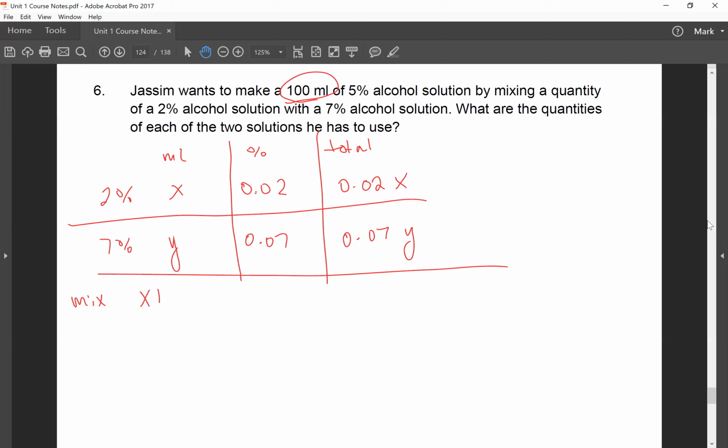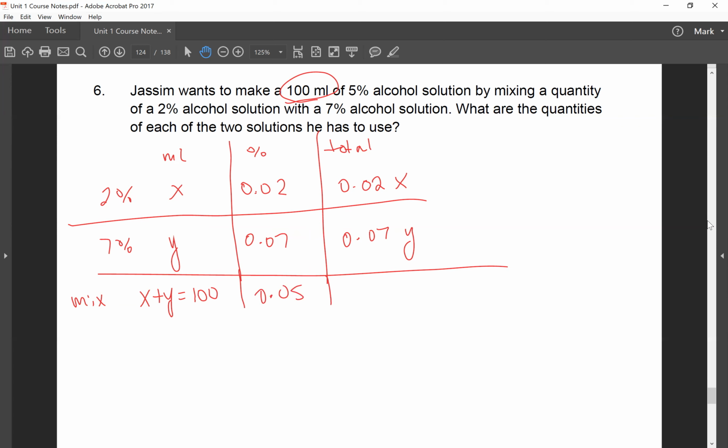So the mixture is X plus Y equals 100. That's my main formula going forward. I'm trying to add X and Y together to make 100 milliliters. And the final concentration must be 0.05.